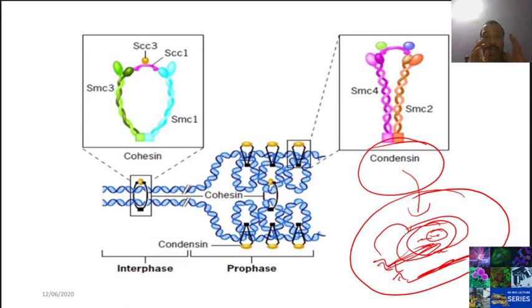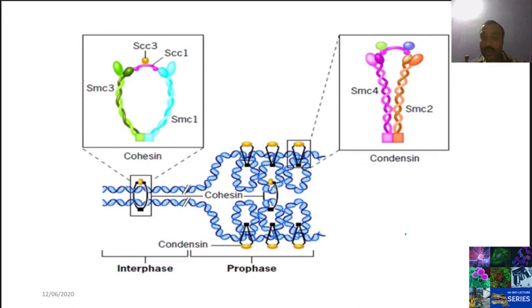The DNA only starts to compact or condense when it reaches prophase. That's the wonderful engineering of the cell.